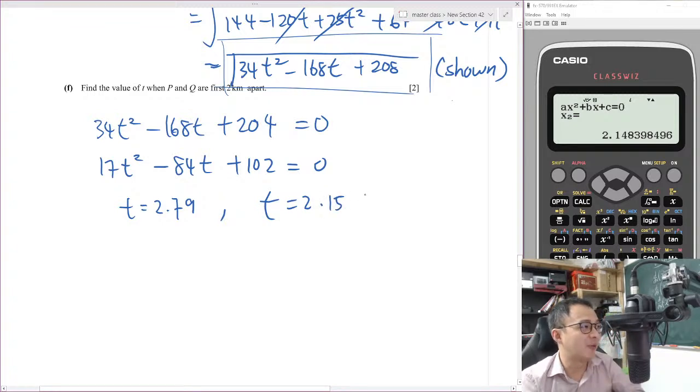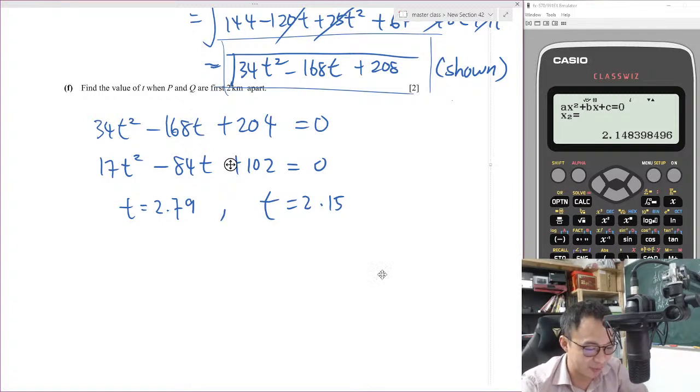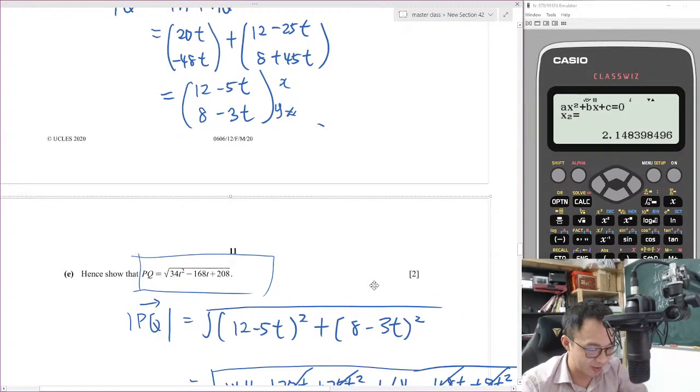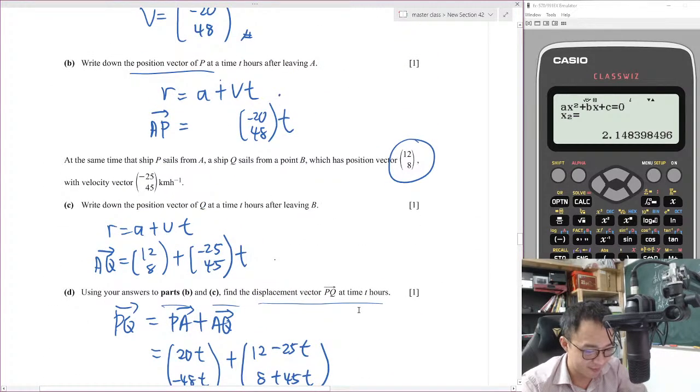Alright, so I want to know which one is the correct answer, or whether both are correct. I need to think about it. Do I have any hints here?